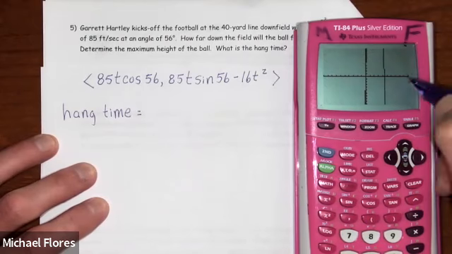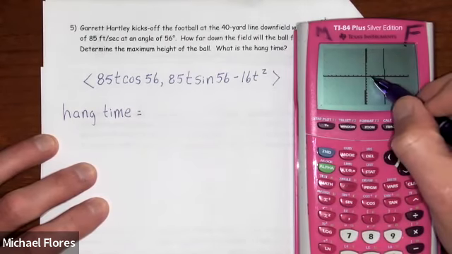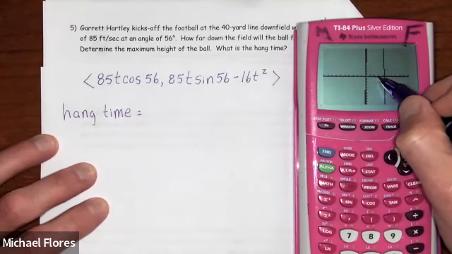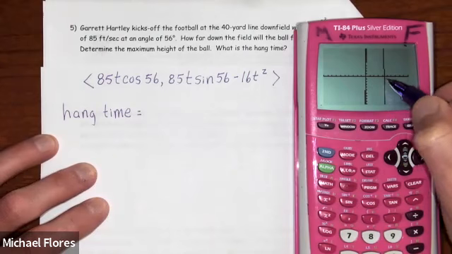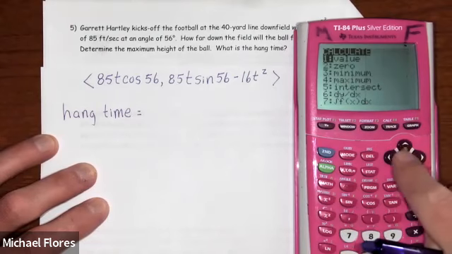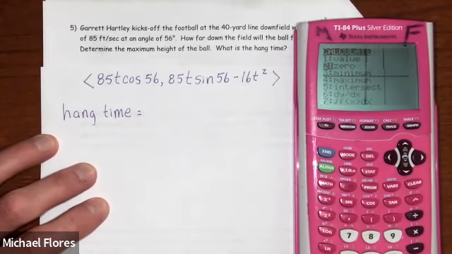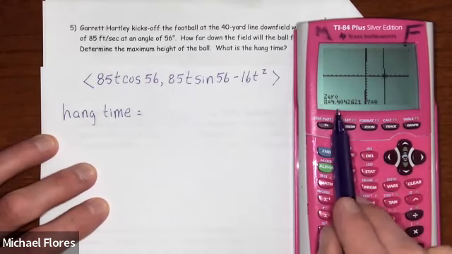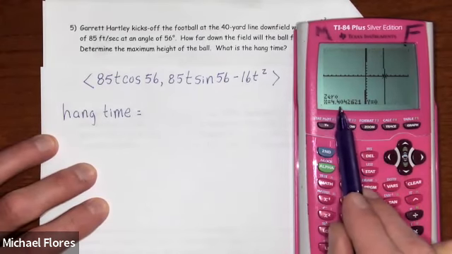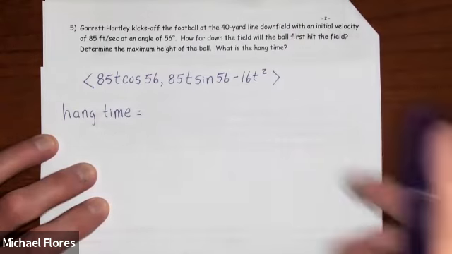Looks like this ball is going to hit the ground at, there's x-intercept 1, there's x-intercept 2, there's x-intercept 3, there's x-intercept 4, and there's x-intercept 5. It's falling in between 4 and 5. So second trace, highlight 0, enter, and then 4, enter, 5, enter, enter. It's going to hit the ground. The hang time is 4.404 seconds.